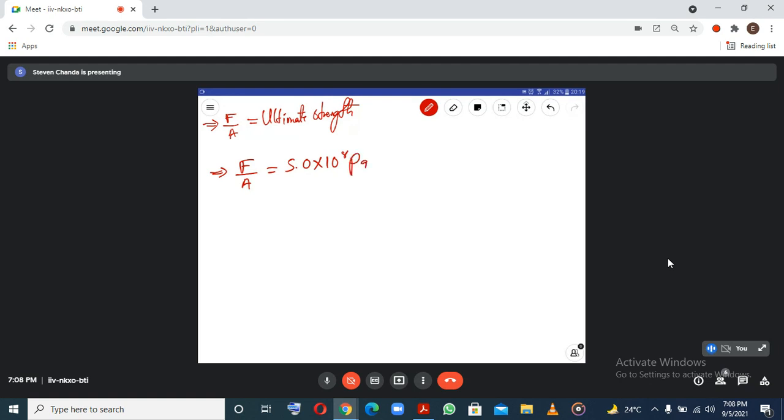So we know the stress. Now we want to calculate the force. We know what our area was. Remember, it told us what the area was.